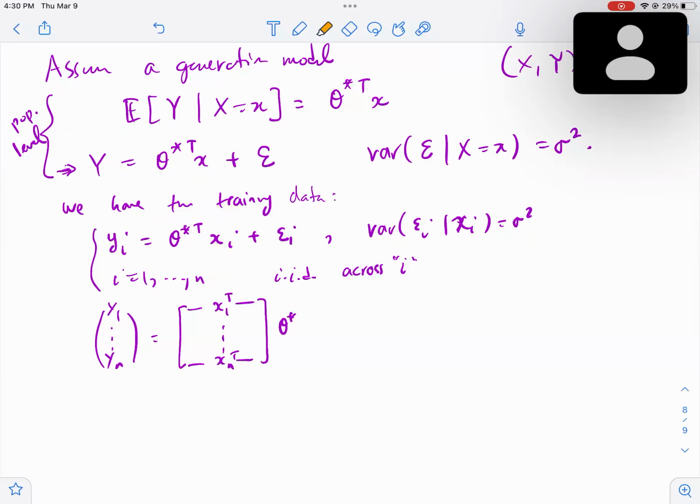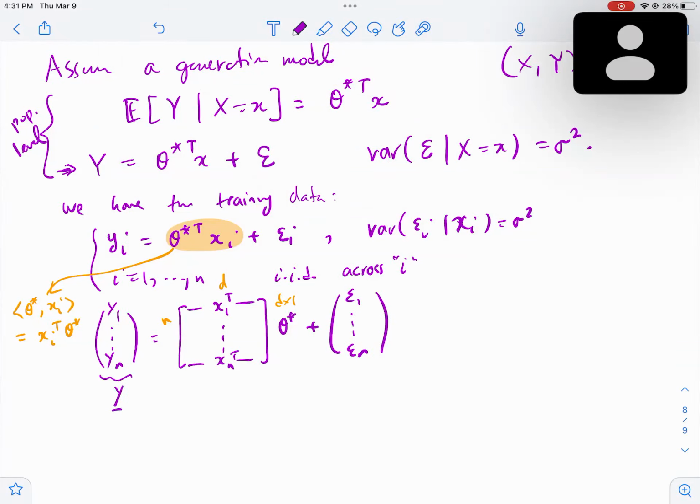I can flip the two sides and write xi transpose theta star, and you can see that this n by d matrix times this d by 1 vector works out, and then I have epsilon 1 up to epsilon n.